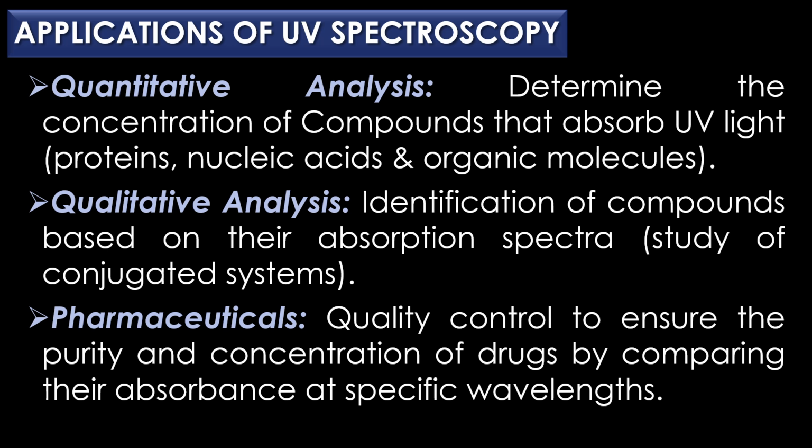In qualitative analysis, UV spectroscopy is very helpful for identification of compounds based on their absorption spectra, particularly in the study of conjugated systems. In pharmaceuticals, UV spectroscopy is used in quality control to ensure the purity and concentration of drugs by comparing their absorbance at specific wavelengths.